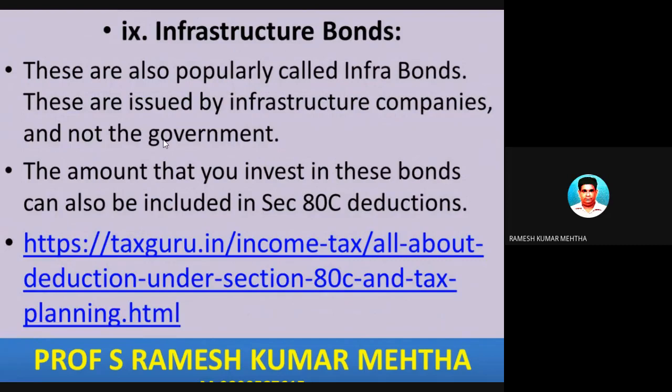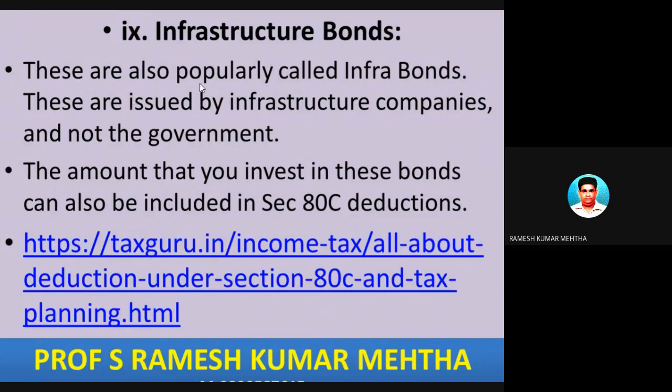So these companies may issue infrastructure bonds, and these infrastructure bonds are approved for investment under Section 80C. So you have to look at this clause whether this investment in infrastructure bonds is eligible for deduction under Section 80C or not, and then you can invest in these kind of infrastructure bonds issued by the infrastructure companies.